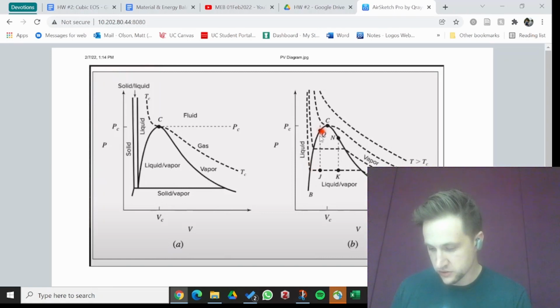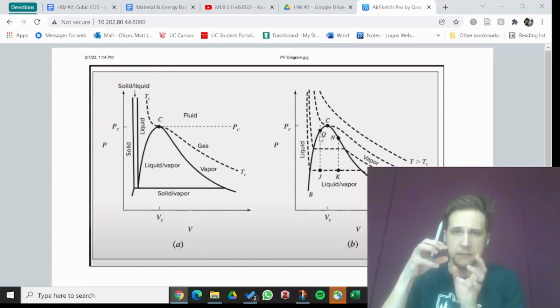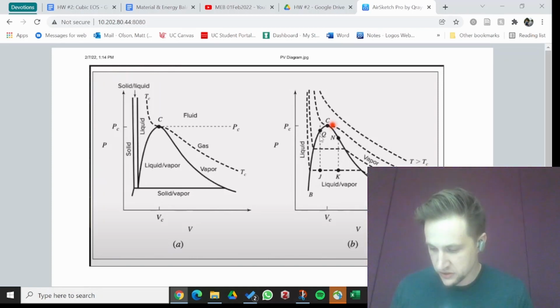As we keep getting closer and closer, and this is our critical point right where we see our C, as the pressure is increasing, the volume that the liquid phase is taking up is getting ever closer to the volume in the vapor phase, until they finally hit this critical point.